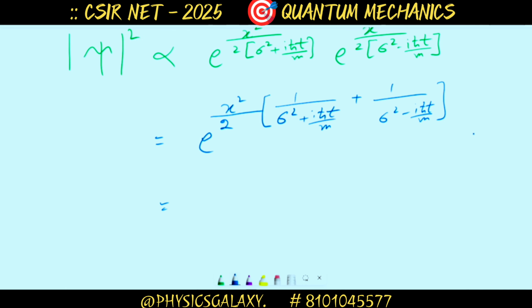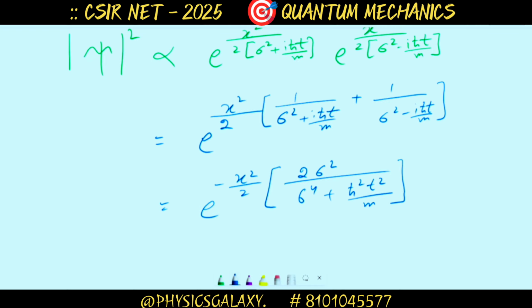Finally e to the power minus x square by 2, twice sigma square by sigma 4 plus h square t square by m square. So this is our form.